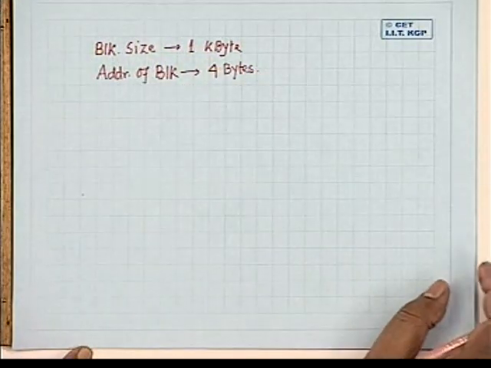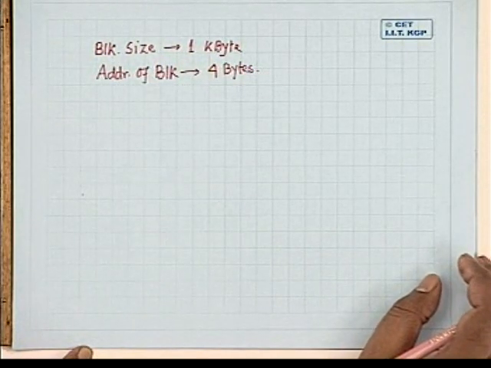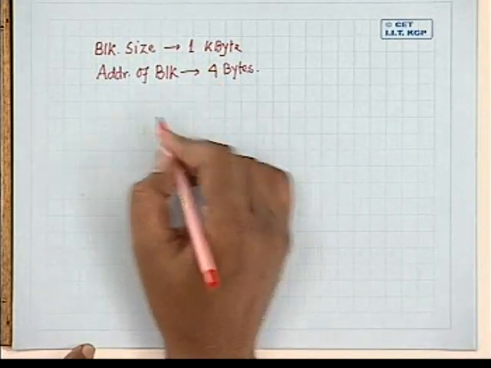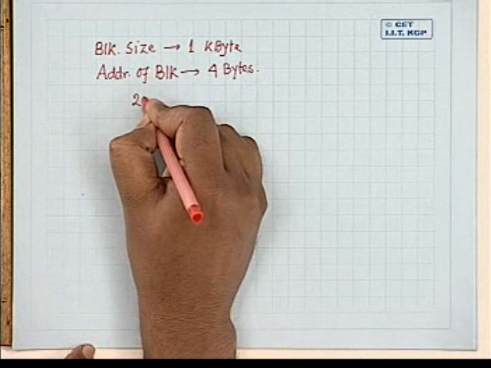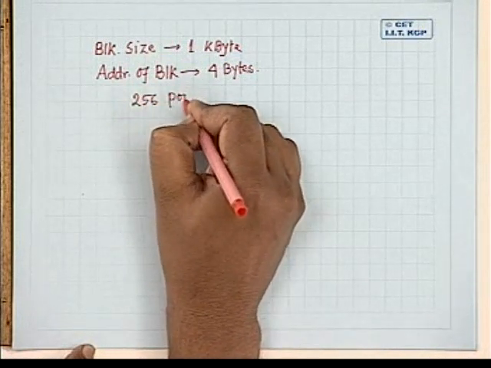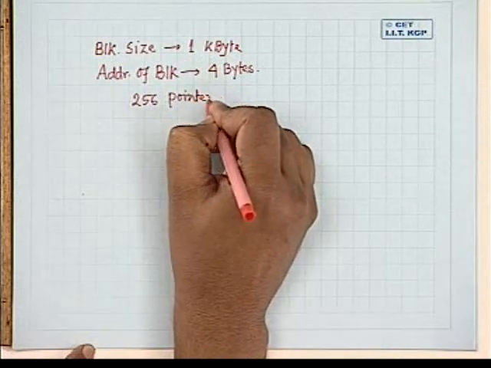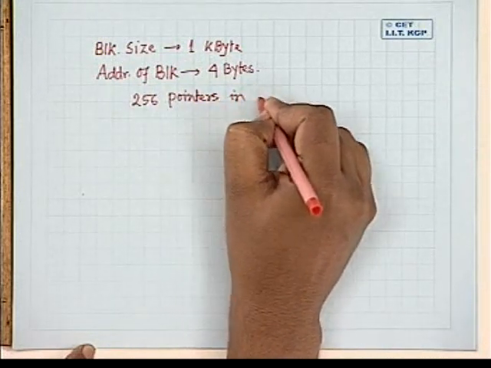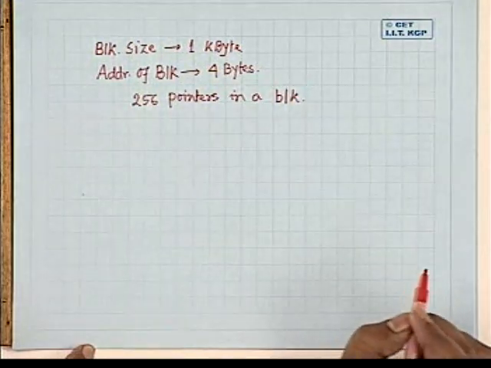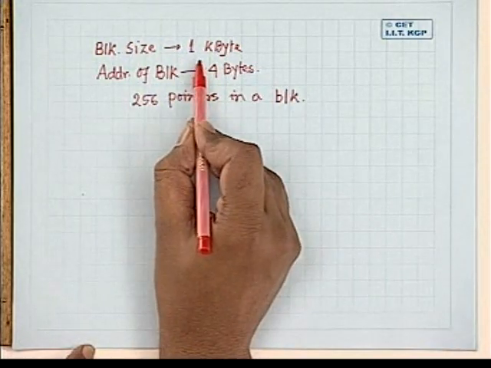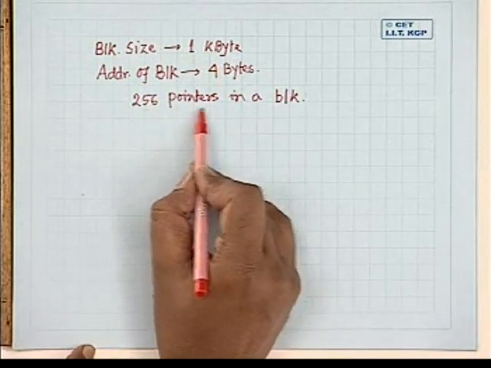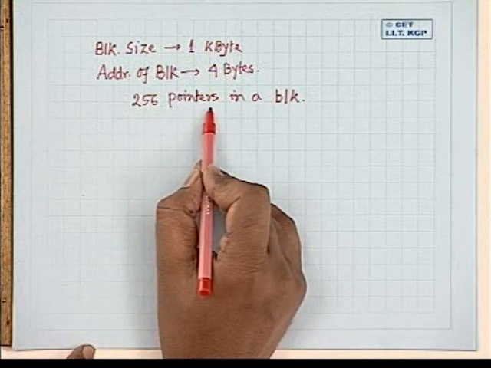So if I assume this, in that case you find that every block can contain 256 pointers. Because the block size is 1 kilobyte, address of a block takes 4 bytes. So every block will contain 256 pointers.